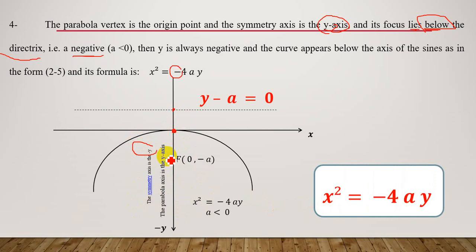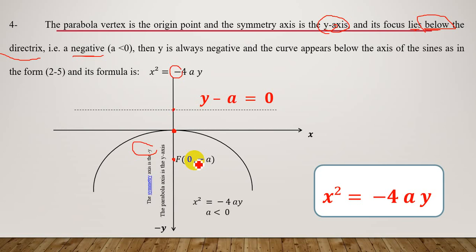So we have four cases. One is the right and one is the left, and both of them y square equal 4ax, but one is positive, the first one, and the second one is negative, and we have two other forms.